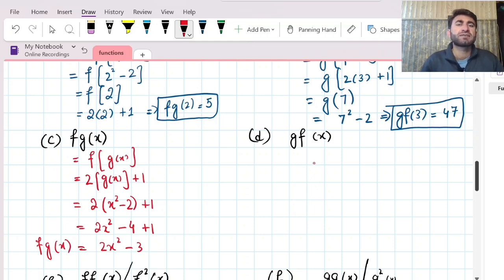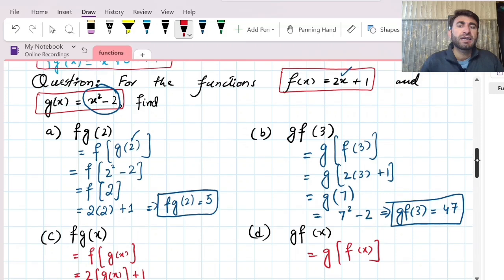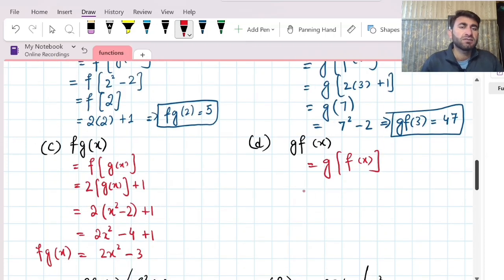Similarly, let's find the second composition g∘f of x, and we know it will become g of f of x. Now the function outside is g, so we will replace x of g by f of x. g of x was given as x square minus 2. So now we have to replace this x with f of x, because now the input is f of x.